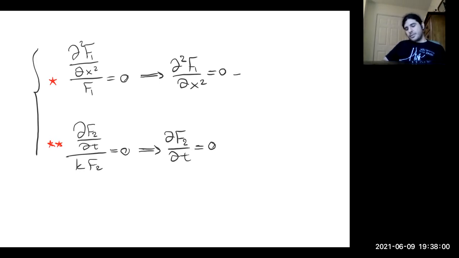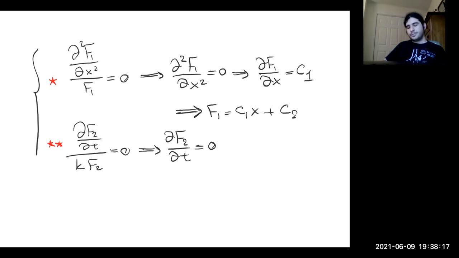If we solve the first one, it means the derivative of f1 with respect to x is a constant. I would show that constant with c1. If we take the antiderivative with respect to x, it tells us f1 is c1x plus another constant, let's say c2. If we take the antiderivative from the second equation, the equation written with respect to t, we would get f2 is another constant, say c3.